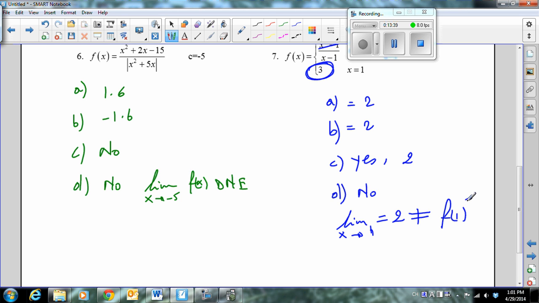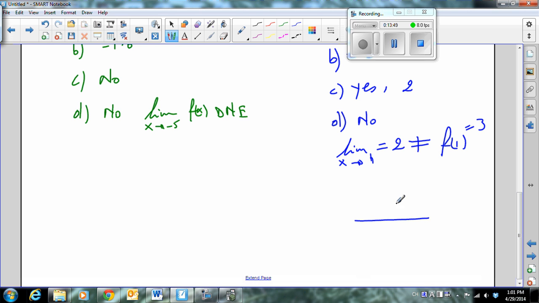So 3 is different than 2, so it's not the case here. In other words, if you decide to graph it on the calculator, you will have a line that goes through 2 here, and it will be an open circle here, but yet at 3 you will have a closed circle.